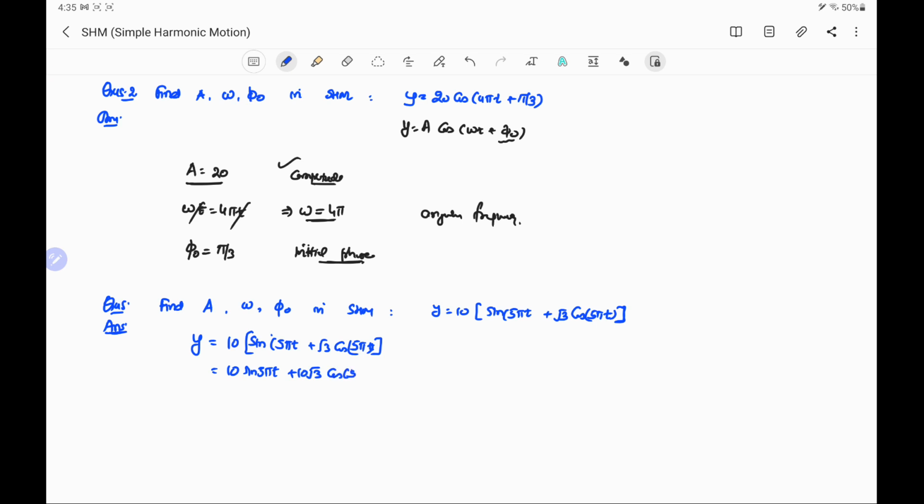cos 5 pi t. To convert this expression into the standard format, we consider this 10 as, suppose, p cos theta, and this 10 root 3 as, suppose, p sin theta.